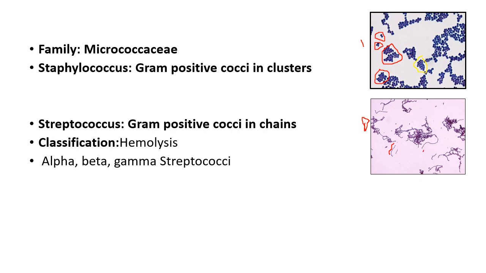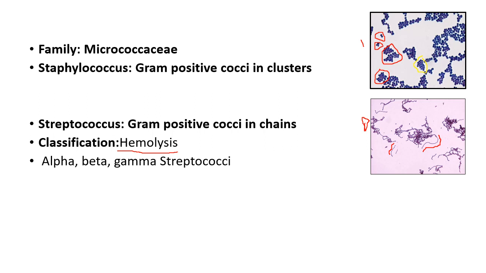Okay, so when you see gram-positive cocci predominantly in chains, you will start thinking of streptococci, and if you see them in clusters, you know that they are staphylococci. Now the classification of staphylococci and streptococci can very often be on the basis of hemolysis, hemolysis on a solid medium.